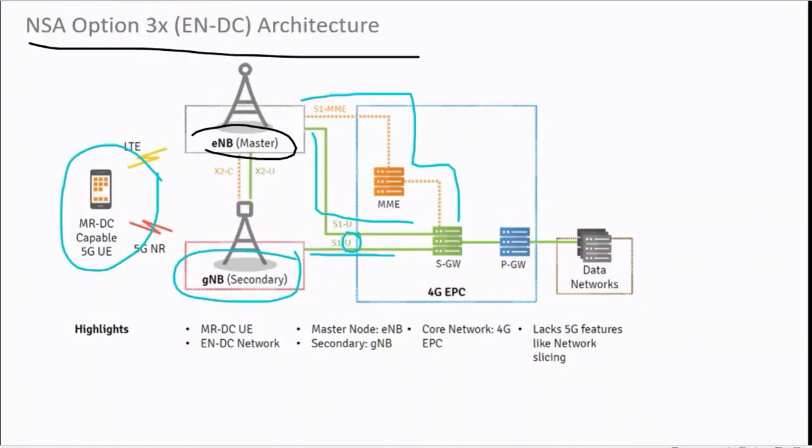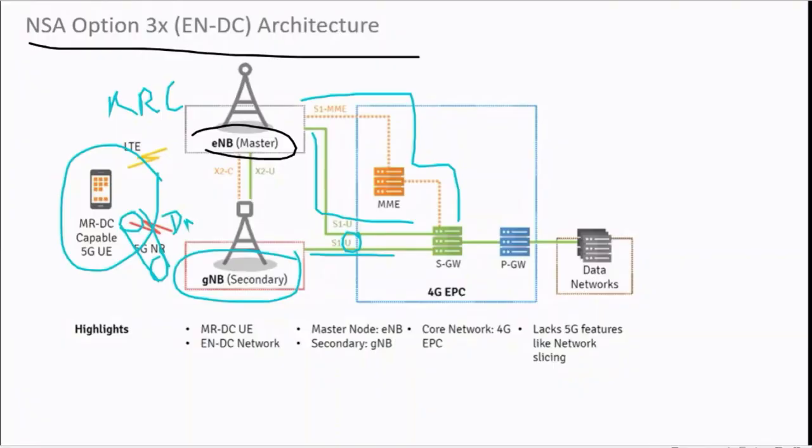So as I said earlier, there will be an RRC connection between LTE and the UE only. There will not be any RRC connection between the UE and the G node B. You know there is something called a data radio bearer, right? So there will be only a data radio bearer between the G node B and the UE. There will not be any RRC connection.